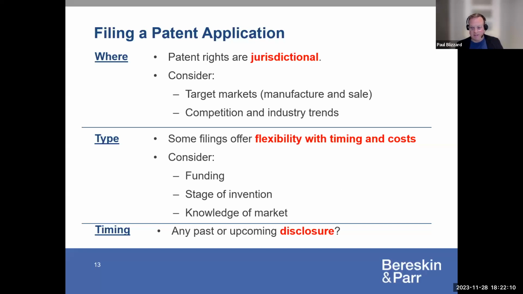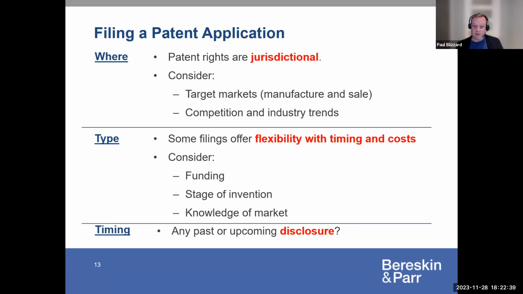The best time to consider a patent application is when you are close to making a public disclosure of your invention. As I can see on the slide, disclosures are important to patentability. Your own disclosures can form prior art. So that's a very important point.